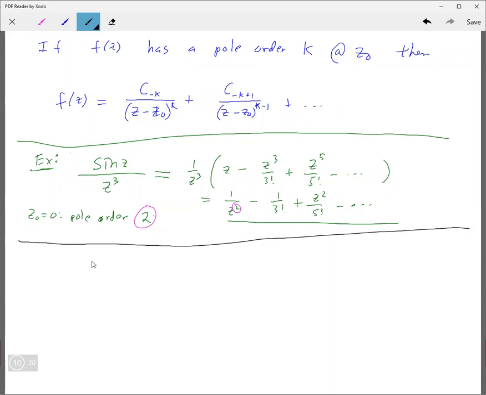But how about let's do this one. Let's say 1 over z sine z. So now 0 is a pole. And what's the order of the pole at 0 here?